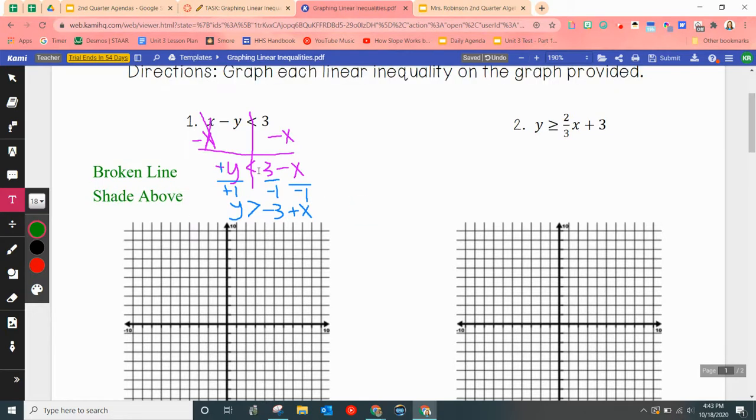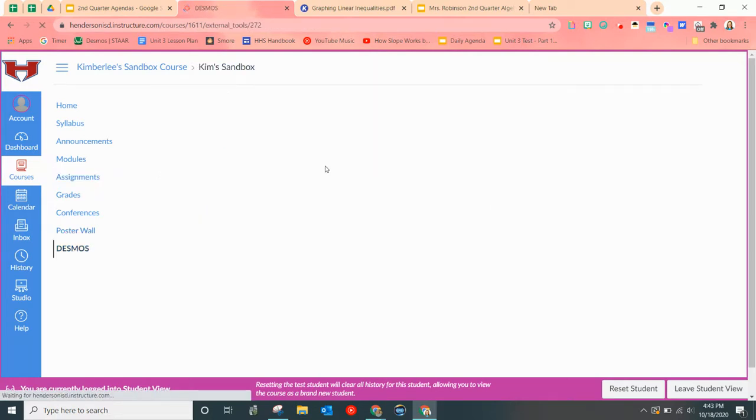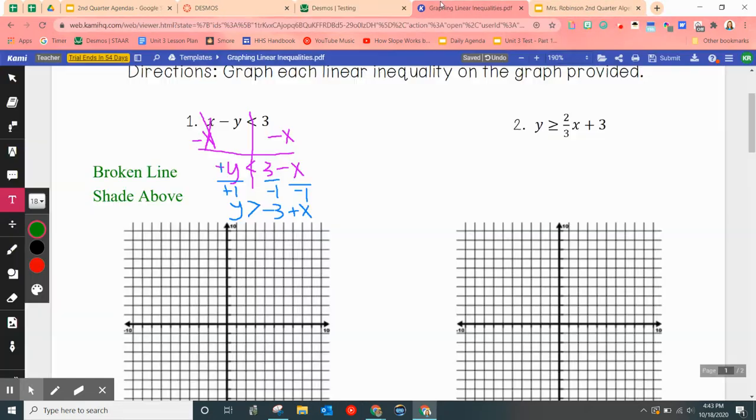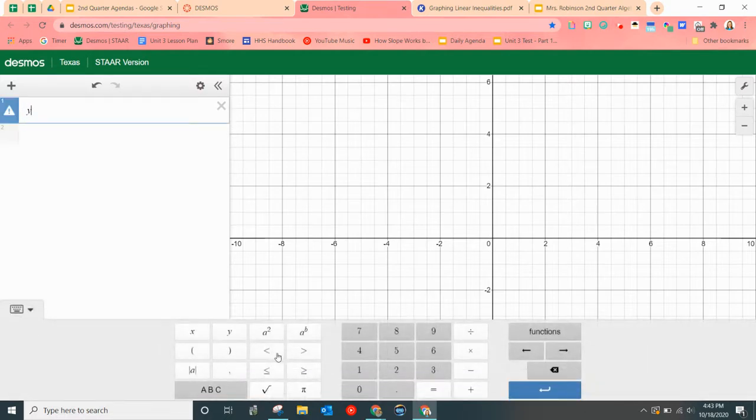Now, how do I get the picture of the line? Well, the easiest thing for you to do is, remember, you can go over to Canvas and you can always get to Desmos this way, clicking on that link on the side. So go over to Desmos, and it's not going to graph this inequality, y greater than, and I'll show you. If you go to type it in, you come down here, here's your inequality symbol.